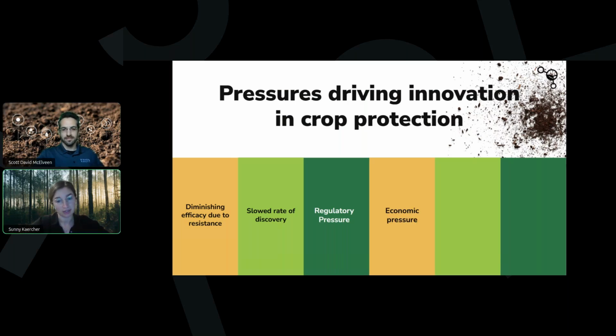Economic pressure. The cost of running trials and through the discovery process all the way to bringing the actual product to market. There's a high cost to this, of course, related to all three of the previous points, and then also the economic pressure at the farm gate.